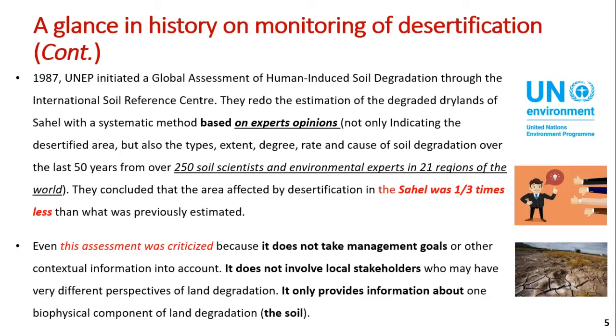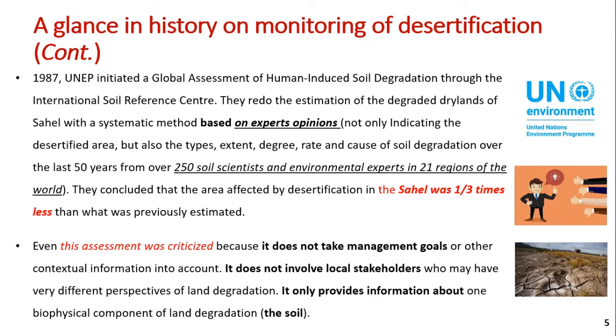And at this time, the aim was not only to identify the desertified area, but even to come up with more specific information, like what is the type of desertification that exists there? Is it a vegetation type? Is it because of, let's say, overgrazing, or because of drought?